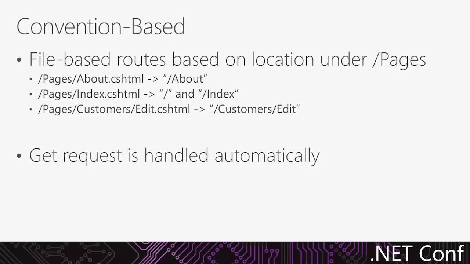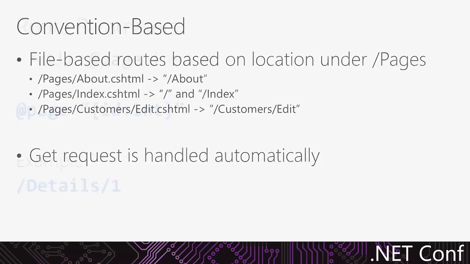You can also add routes at the controller level or action level using the Route attribute, or you can specify a route template when you specify the verb that a particular action is going to use. So when you've got an HTTP GET or an HTTP POST, you can optionally specify a route template to go with it. Razor Pages specify their route templates as part of the @page directive.